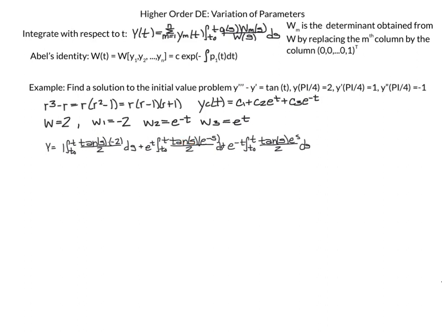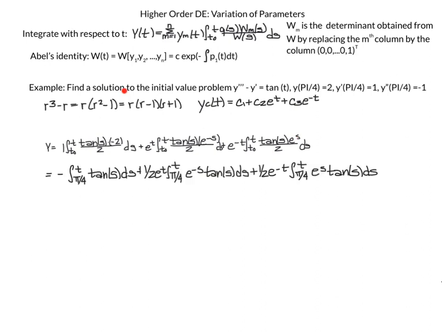And then my W2 is equal to e to the minus s over the Wronskian 2. Plus, now plugging in for 3, my y3 is e to the minus t, integral, g of s is tangent of s. My W3 is e to the t. Since my variable of integration is s, that becomes e to the s over the Wronskian 2.